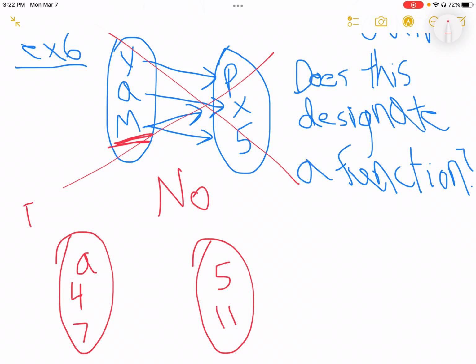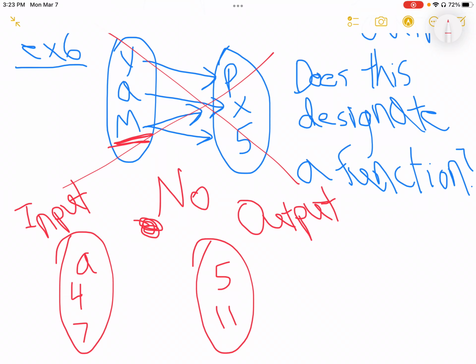These are inputs, like when we were talking about x before, and this is outputs on this side, and there's some operation in the middle. They said a goes to 5, 4 also goes to 5, and 7 goes to 11. Now, does this designate a function?